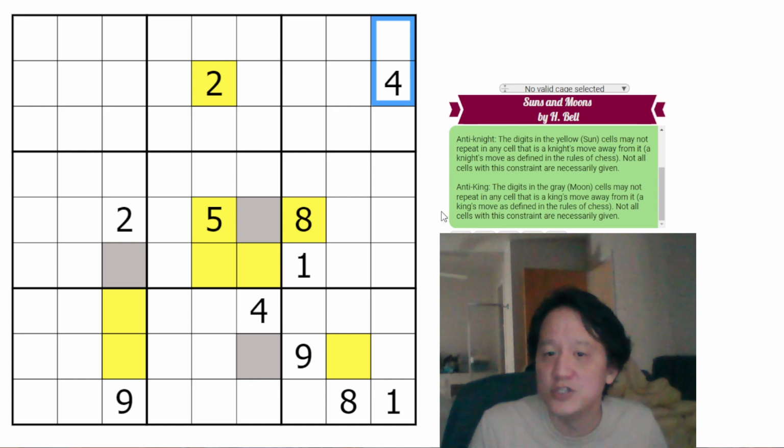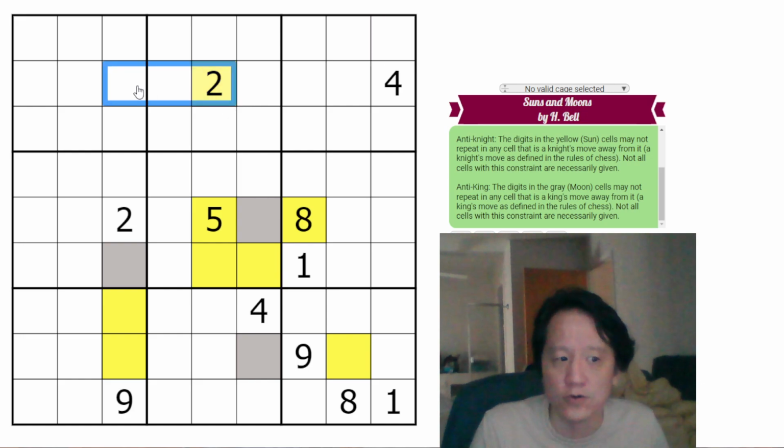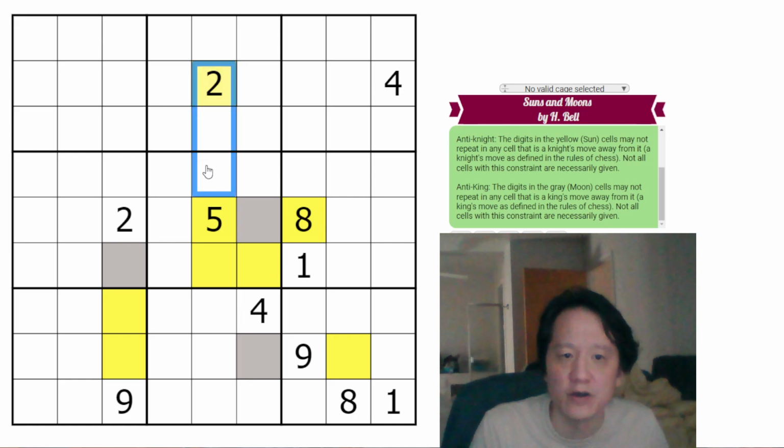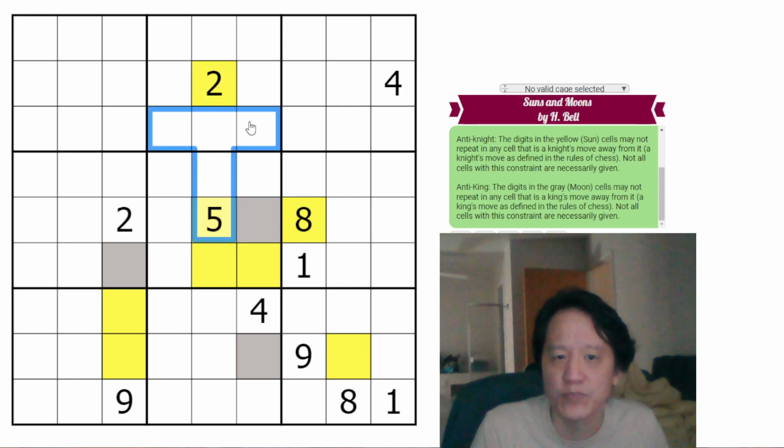Anti-night. The digits in the yellow sun cells may not repeat in any cell that is a knight's move away from it. A knight's move is defined in the rules of chess. Not all cells with this constraint are necessarily given. So, for example, a knight's move is basically just 2 over and then 1 up or down. Or it could be 2 down, 1 over, or 2 up, 1 over.